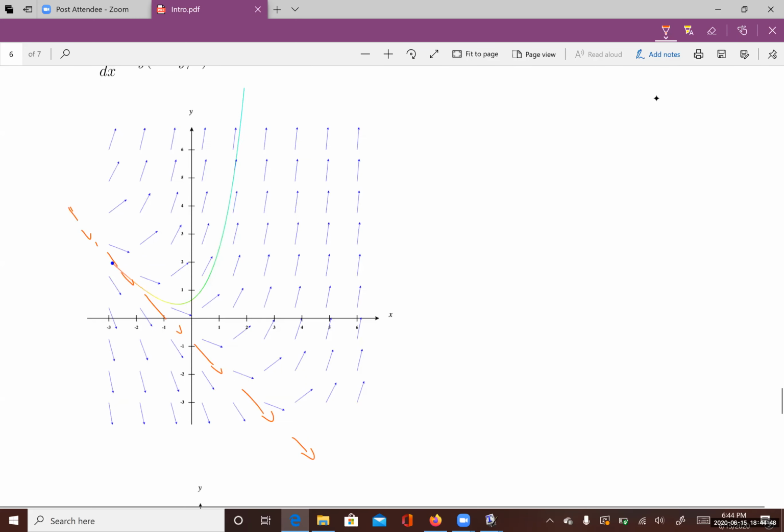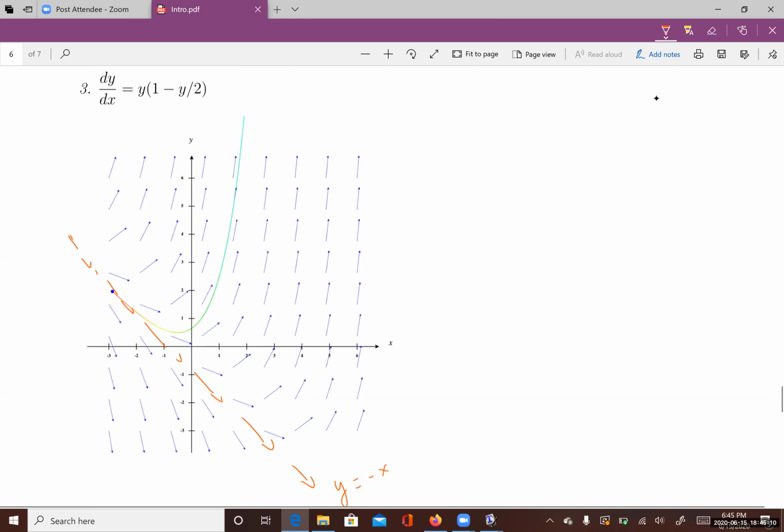This line right here is like y equals negative x. So that means when x equals y, then your derivative should be equal to 0.